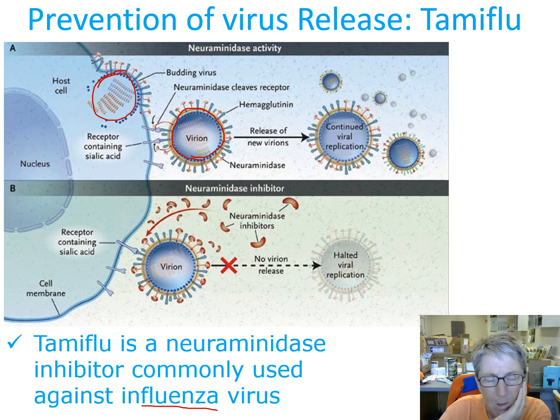This enzyme, neuraminidase, cleaves the receptor on the host cell and allows the virion to be released from the cell. If you inhibit that neuraminidase, then you inhibit the release of the viruses to the environment. And that's what it shows on the lower part of the cartoon. Neuraminidase inhibitors, no virion release.